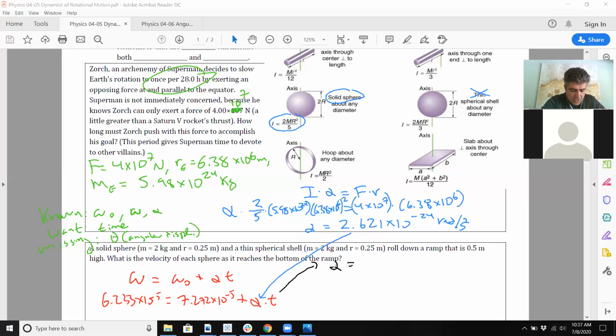And I'm looking at the solution key. It looks like they made the force negative. I guess because you're trying to go against the force that the Earth experiences when it rotates. So I suppose we should make that negative. So it's a negative acceleration he's applying, if that makes sense.